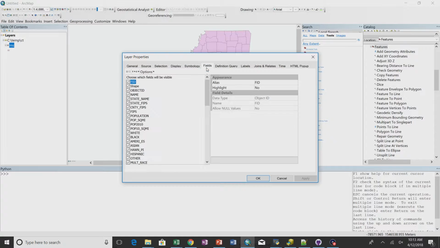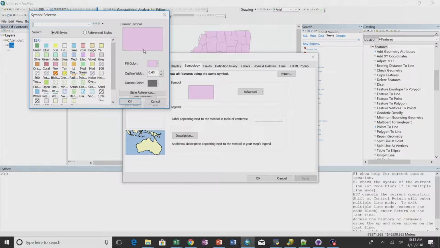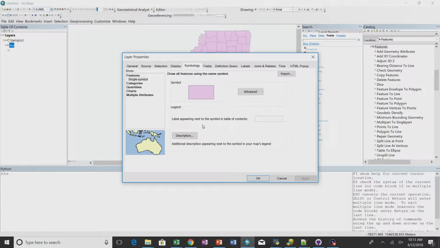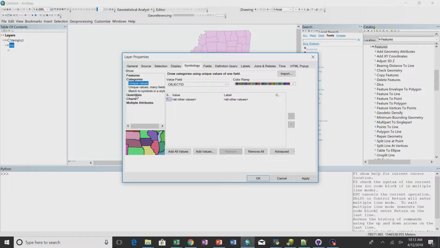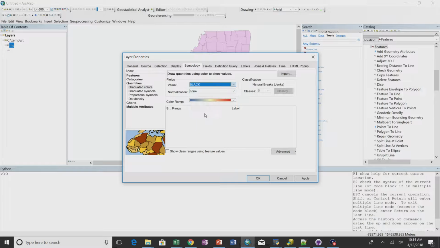Maybe, let's just look here real quick. So, maybe something that would be less clustered, because most of the racial and ethnic categories are going to be pretty clustered, I think.